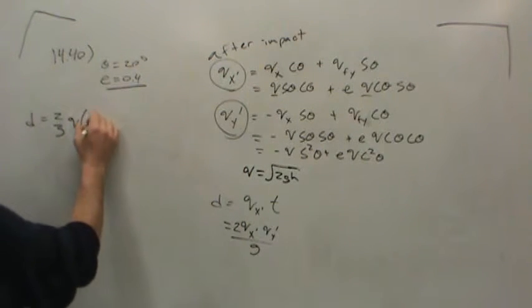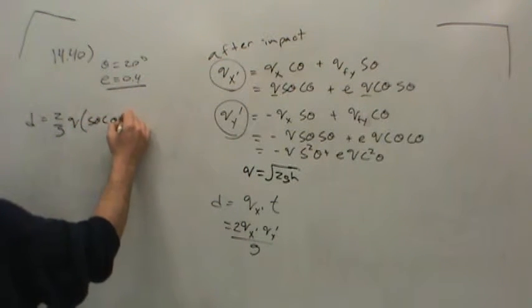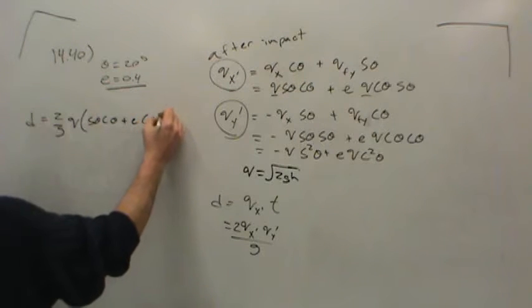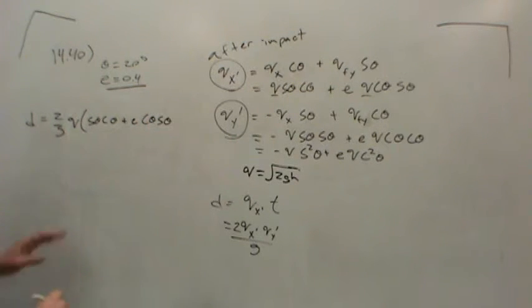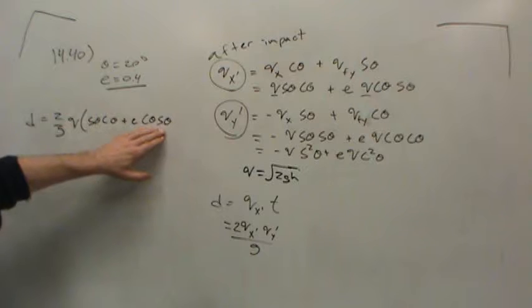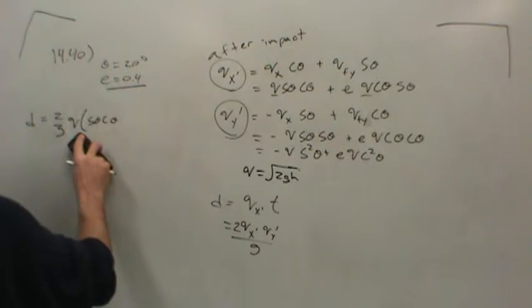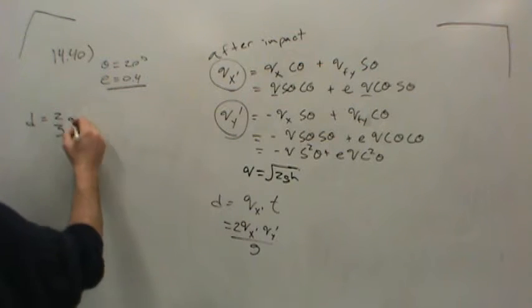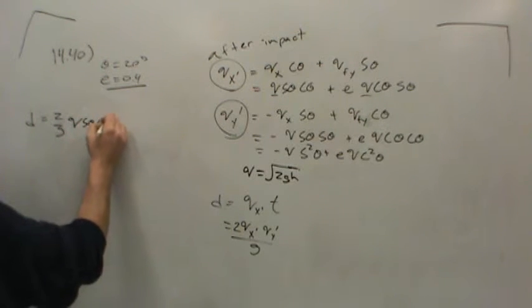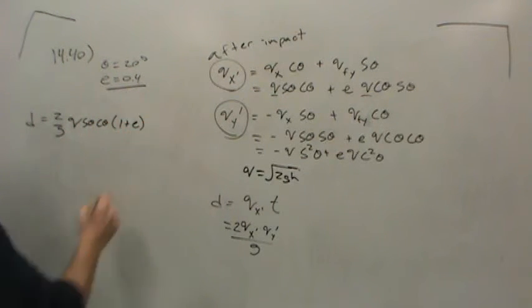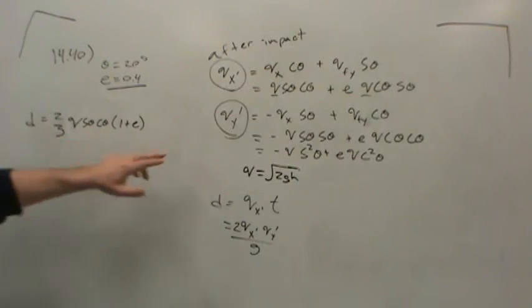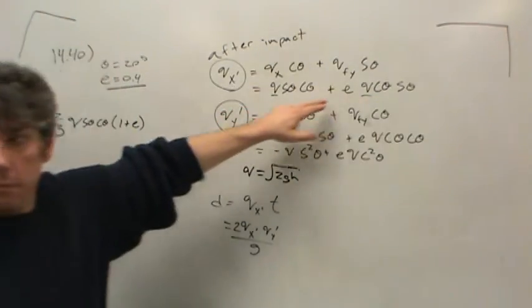And we would have sine theta cosine theta plus e cosine theta sine theta. But notice the sine theta cosine theta term is the same, so I could factor it out as well. So let me modify this one more time. The sine theta cosine theta times 1 plus e. You see how what I've written here is Vx prime?